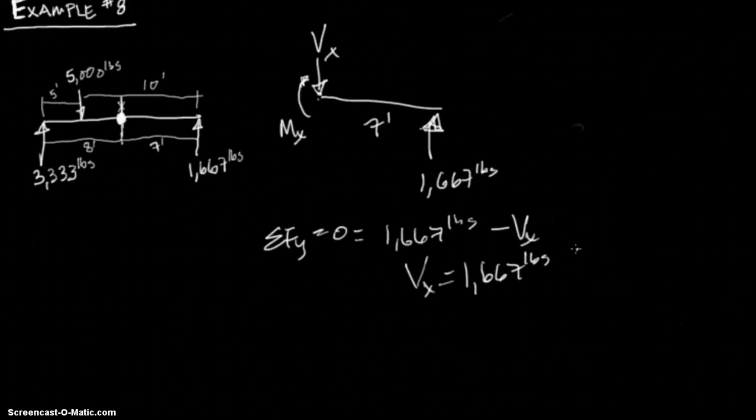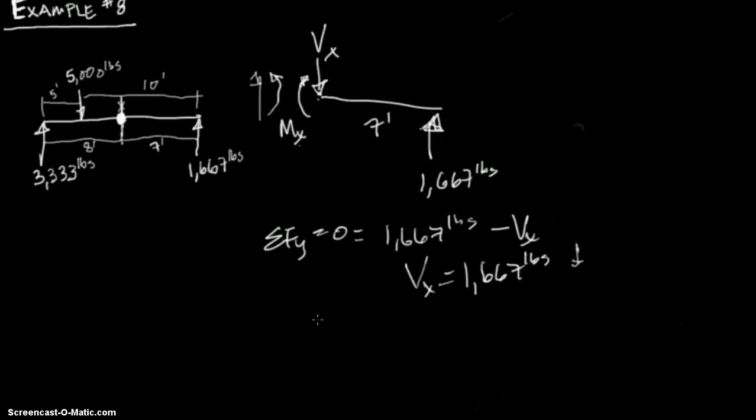Of course, that's in this direction, and on the opposite side, I don't know if I've ever described the equal and opposite reaction. If on this side Vx is going to be down, then on this side, when we did it from the left side, Vx is going to be up. It's just equal and opposite when you cut it. And if the moment's this way, on this side it'll be that way.